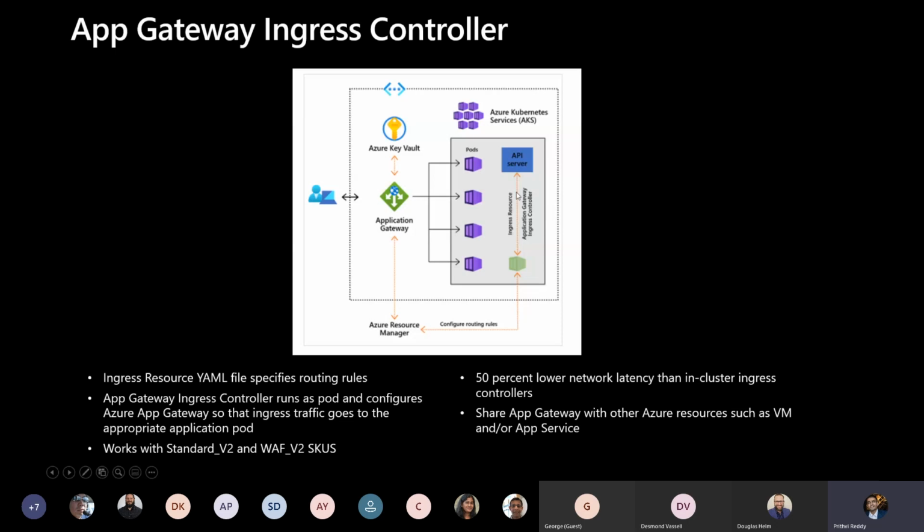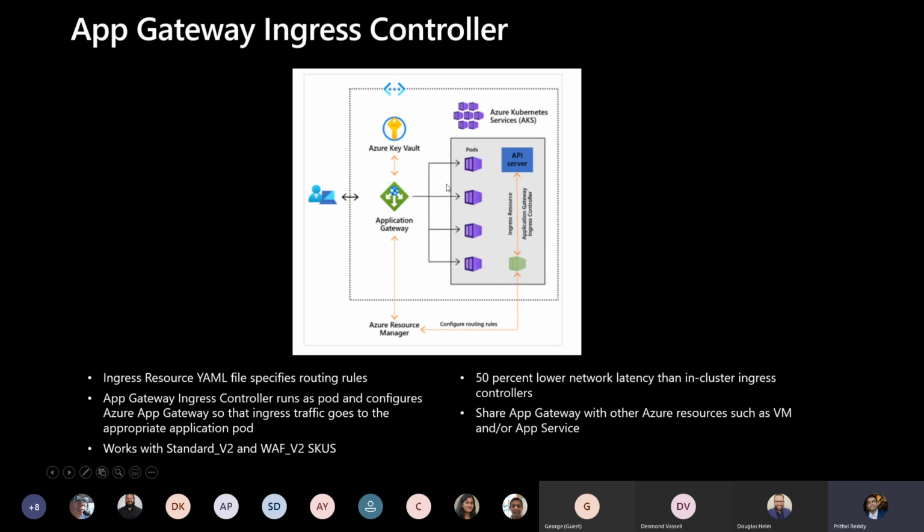In addition to that, the App Gateway Ingress Controller, which this represents here, runs as a pod. This green icon right here represents a pod inside your Kubernetes cluster. It configures this application gateway so that the ingress traffic, all these black arrows right here, can route to the individual pods within your Kubernetes cluster.